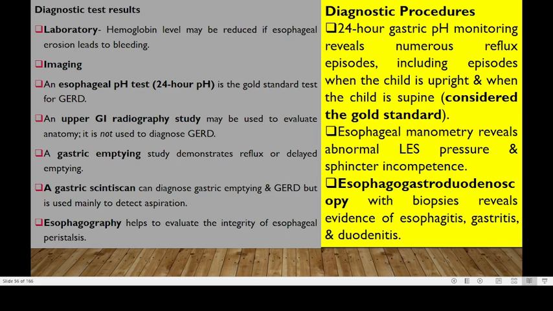A gastric emptying study demonstrates reflux or delayed emptying. A gastric scintigraphy scan can diagnose delayed gastric emptying and gastroesophageal reflux, but is used mainly to detect aspiration. Esophagography helps to evaluate the integrity of esophageal peristalsis.